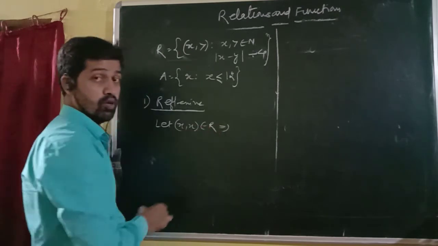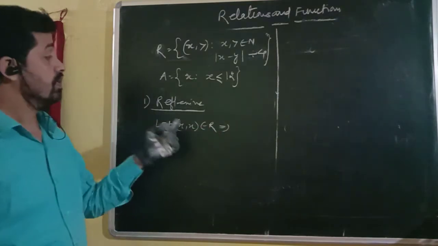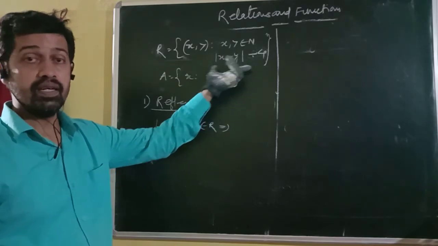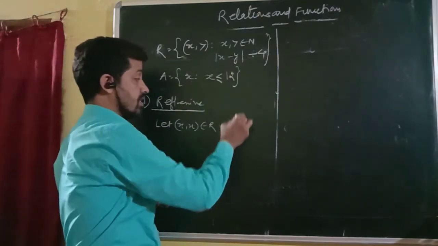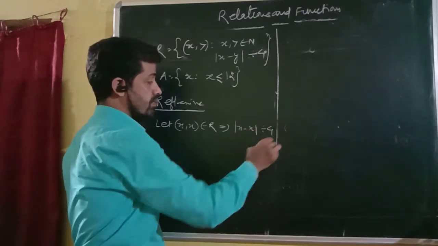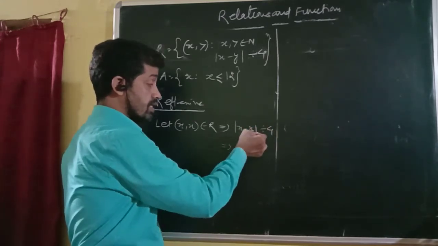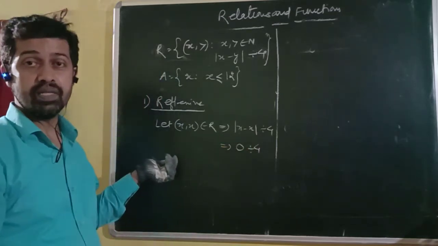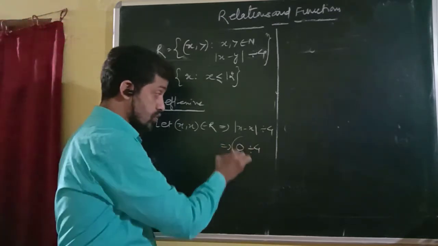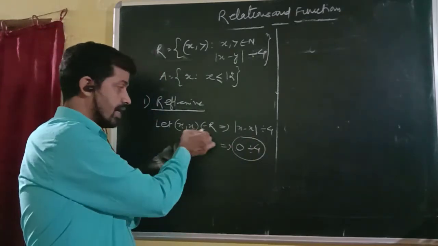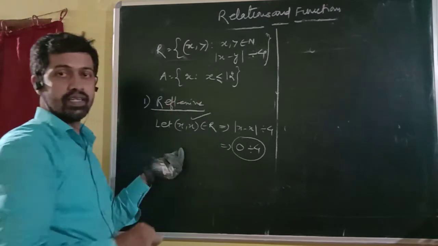If (x, x) belongs to R, then it has to satisfy this condition. So we come to the condition, we get modulus of x minus x is divisible by 4, we get 0, and 0 is always divisible by a non-zero number. So this is true, and since this is true, (x, x) type of element belongs to R.